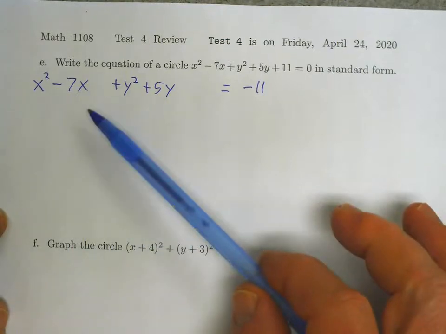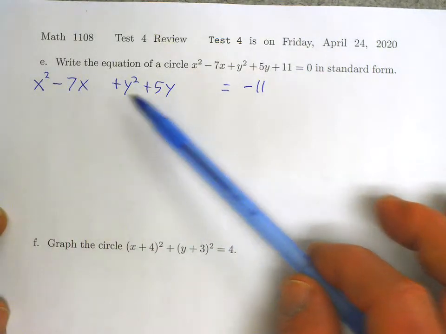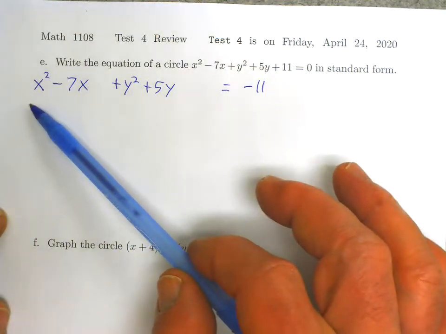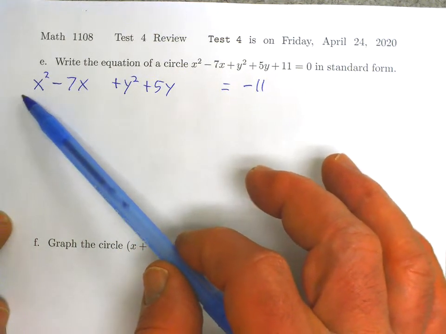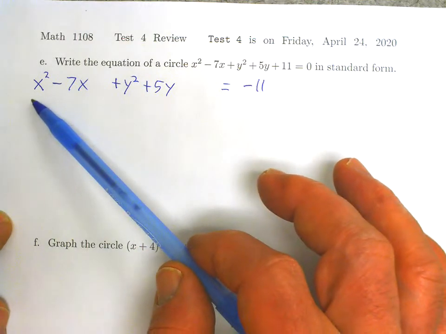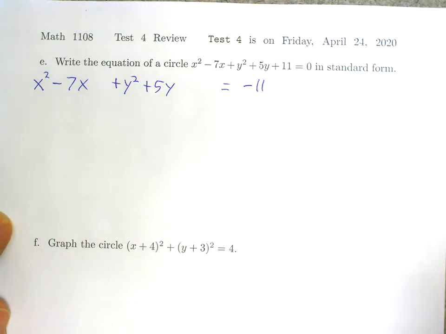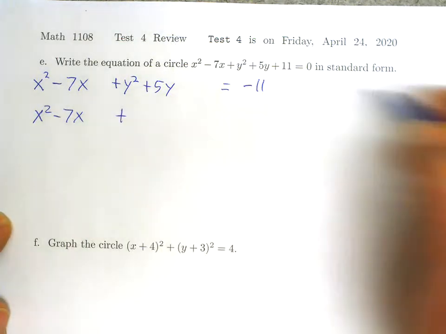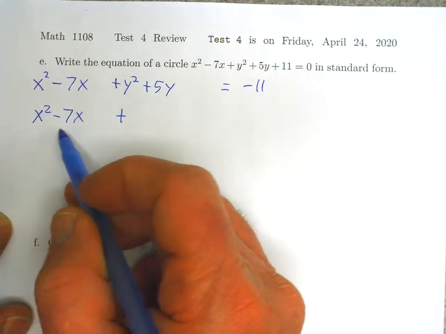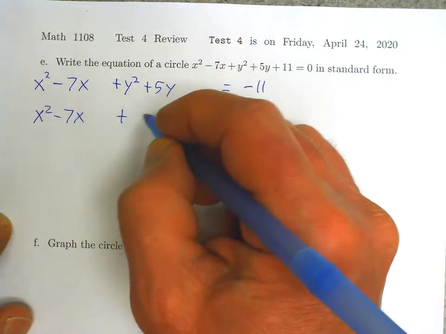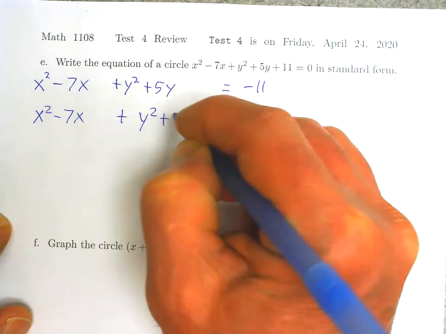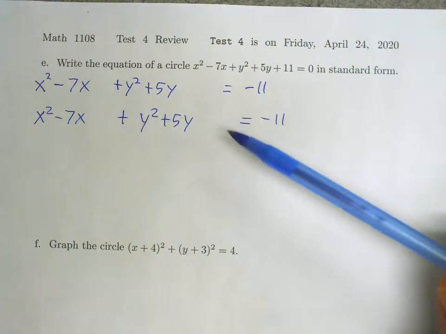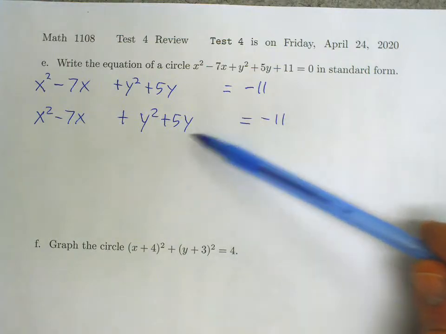Okay, in the next step, we're going to add two numbers to both sides of the equation. And the numbers that we add are the numbers that we need to create two perfect square trinomials. So we'll first add a number to both sides so that when we add that number to x squared minus 7x, we'll get a perfect square trinomial. And then we'll add another number to both sides. When we add that number to y squared plus 5y, we'll get another perfect square trinomial.